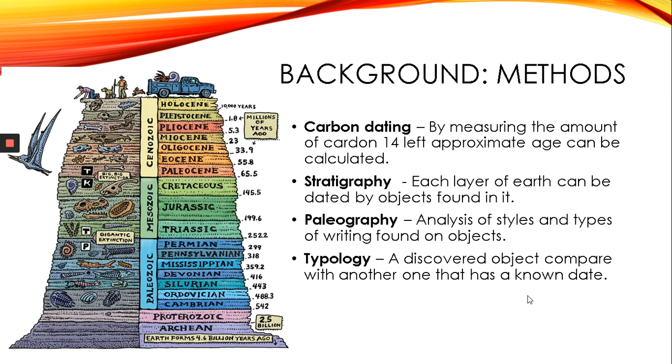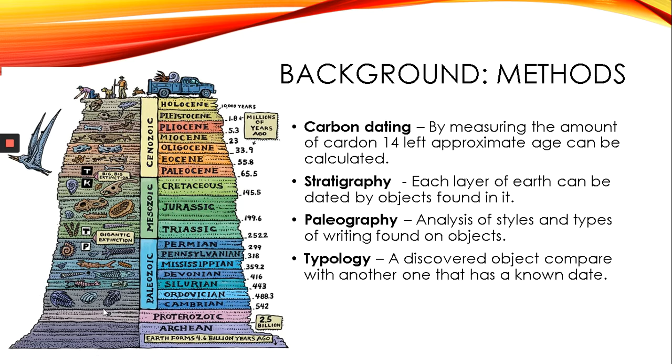And by measuring the amount of carbon-14, they can actually figure out how old that artifact is. Then stratigraphy. So stratigraphy, they use the layers of Earth. So if we look at this image on the side here, the different layers will be different years old. So the deeper they dig, the older it gets.